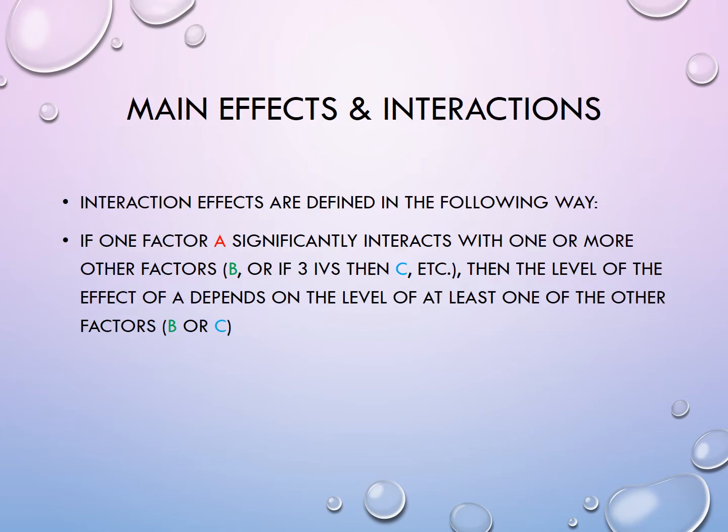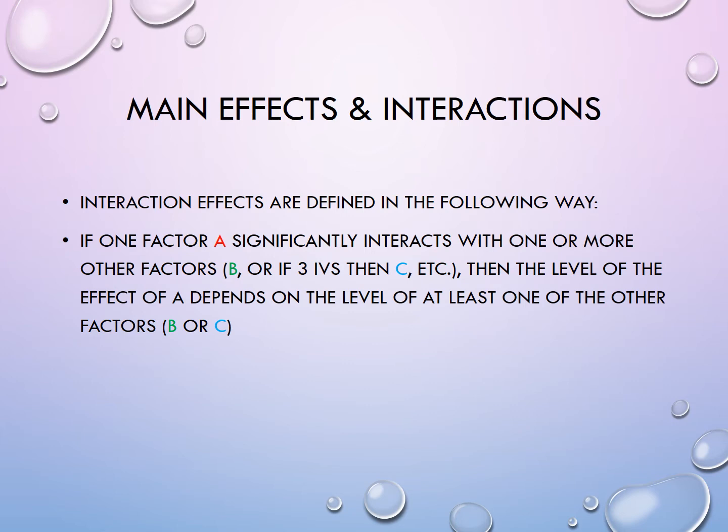Now the interaction effects are defined a little differently. It's essentially if one variable or factor, we'll call it A, significantly interacts with one or more other factors, B, or if there's another IV, then we would call it C, then the level of the effect depends on the level of at least one of the other factors.